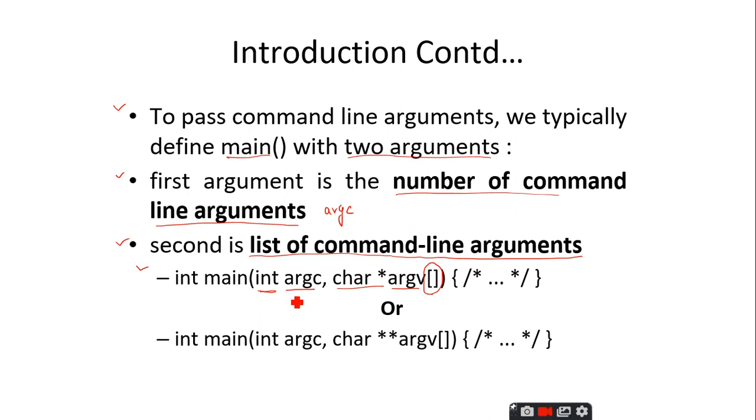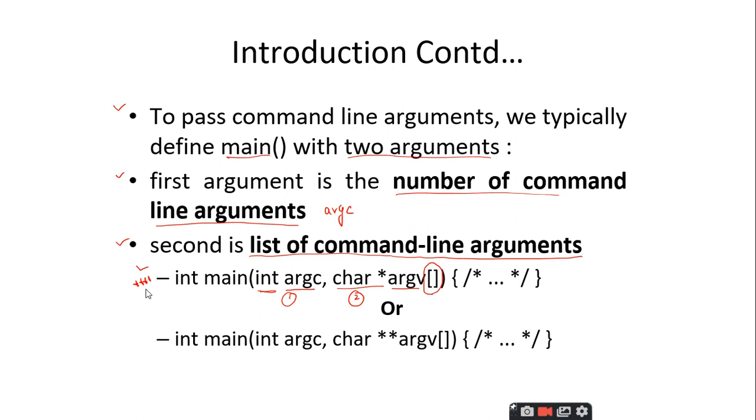Remember that the first argument is always the argument count only, and the second parameter will be the argument vector only. You should not interchange these parameters. The first parameter cannot be a string or the argument vector, and the second parameter you cannot place as argument count. The syntax is very, very important.